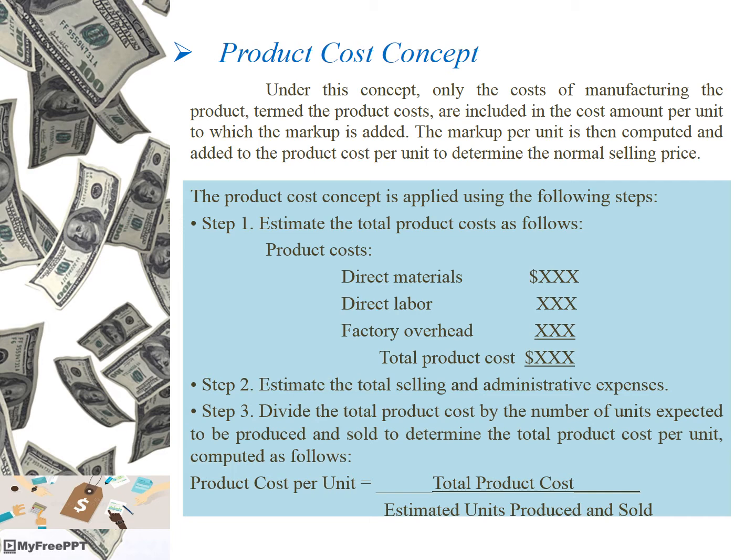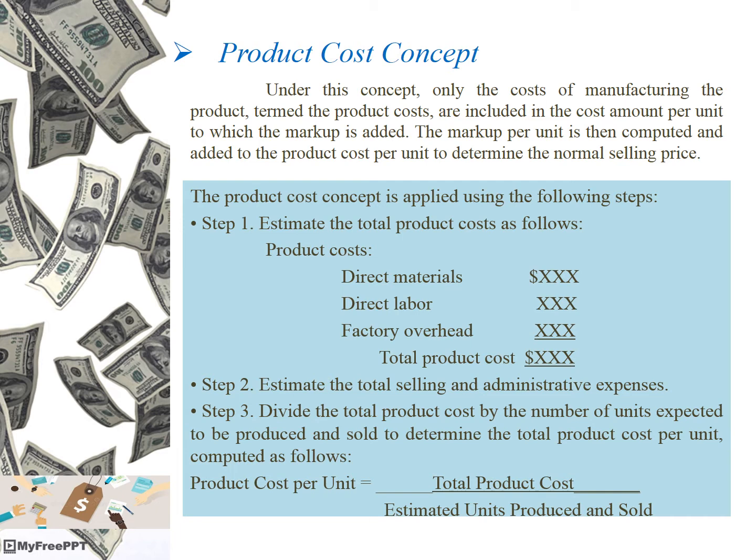The markup should be sufficient to earn the desired profit plus cover any costs and expenses that are not included in the cost amount. So the question is, what is the product cost concept and how is it applied? Under this concept, only the costs of manufacturing the product, termed the product costs, are included in the cost amount per unit, to which the markup is added.